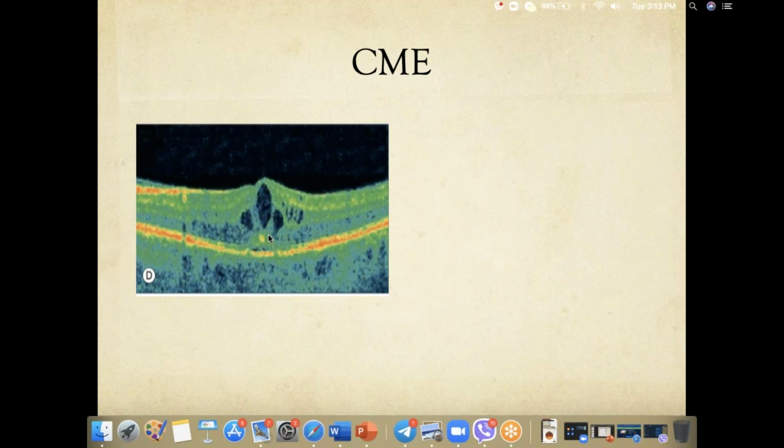And this is very important because when you have other pathologies, like age-related macular degeneration, in all of the retinal pathologies, ultimately the end pathway is either a macular atrophy or they will present with a central macular edema.